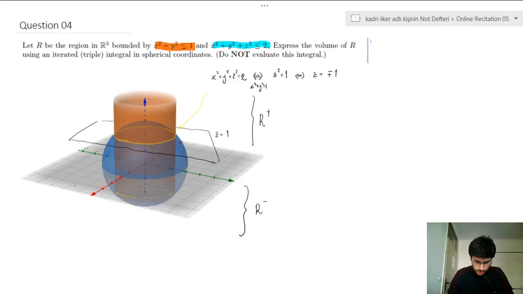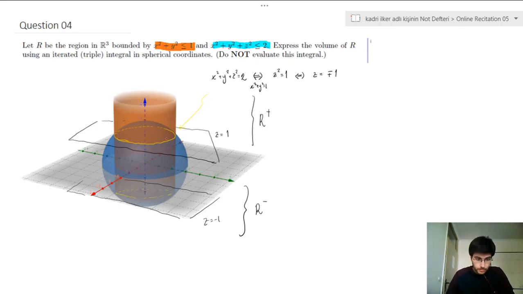And we have another on the bottom part, right? Something like this, if you like. So we have another plane, z equals minus 1, and we have another circle like this.